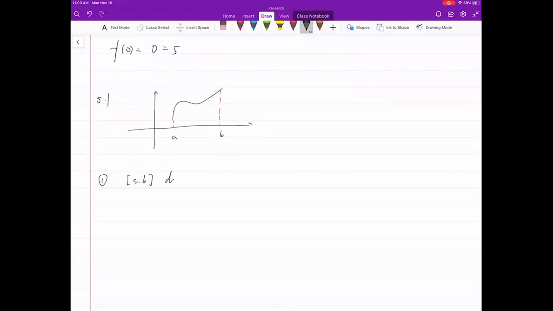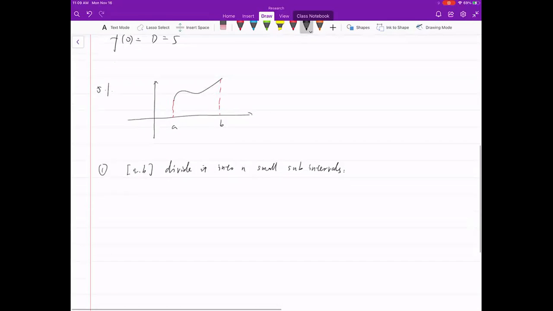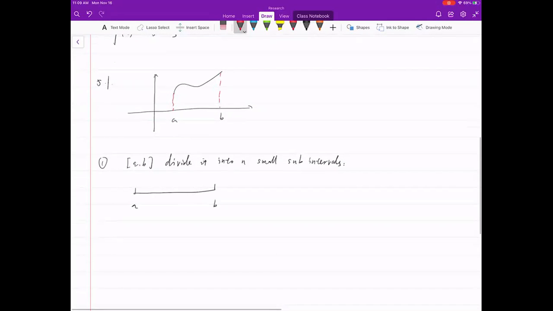The first thing you want to do is divide it into small subintervals, n small subintervals. Okay, so a, b, cut.